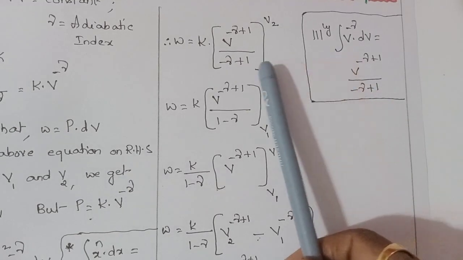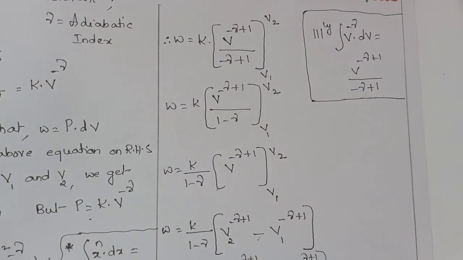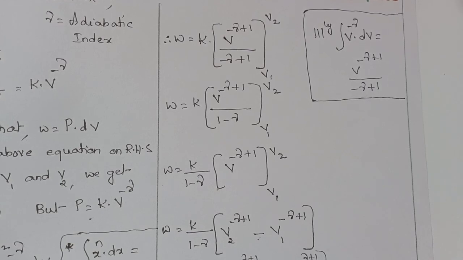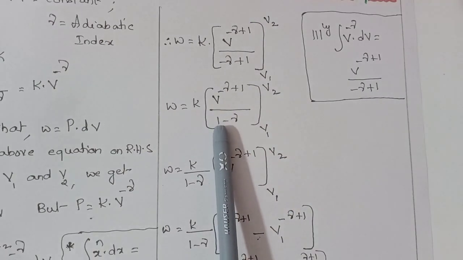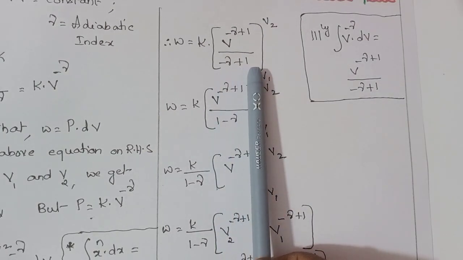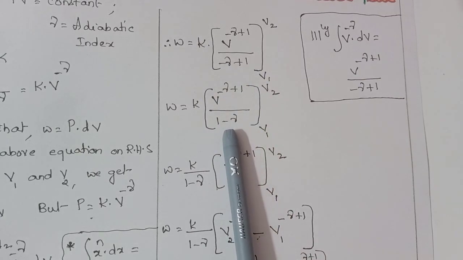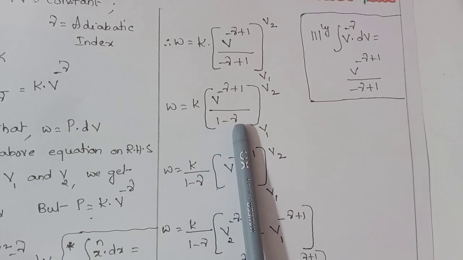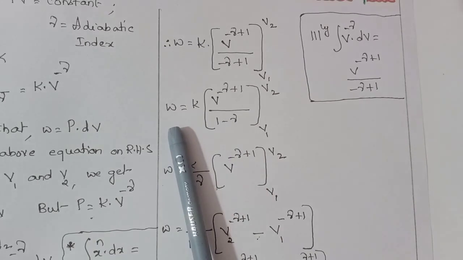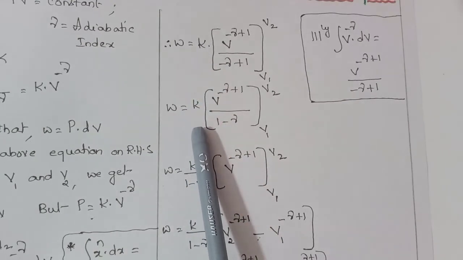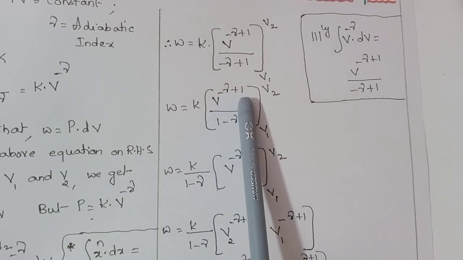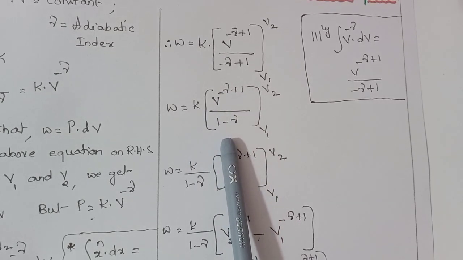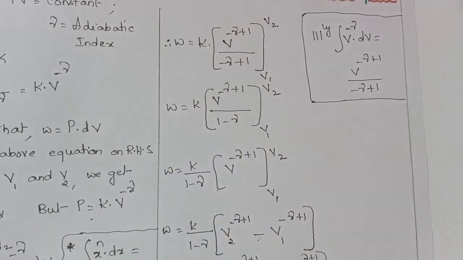Now in the next step, here we have minus gamma plus 1. What did I do? I just interchanged: plus 1 I have written first, minus gamma after, so I changed it to 1 minus gamma. Is there anything wrong in that? No, right? So W is equal to K, next V^(minus gamma plus 1) by 1 minus gamma within the limits V1 to V2.